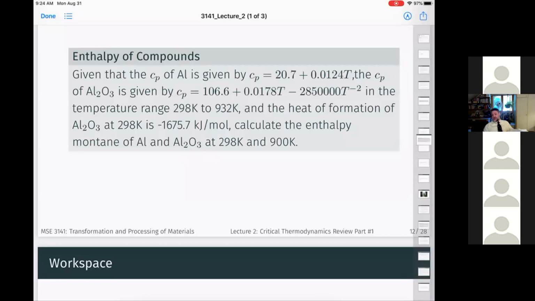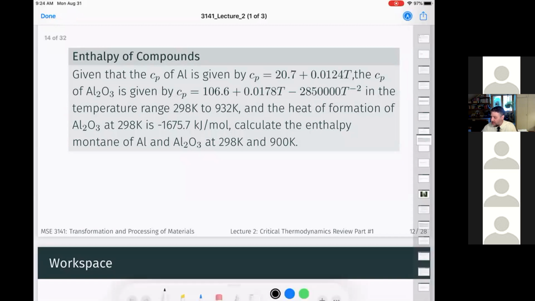Okay, so the second example is just thinking about formation reactions and specific heats, right? So here I say we have a constant pressure specific heat of aluminum given by this polynomial form.